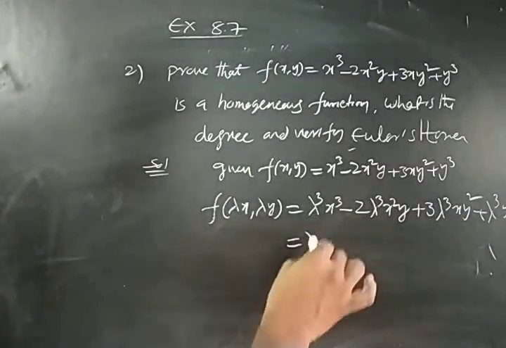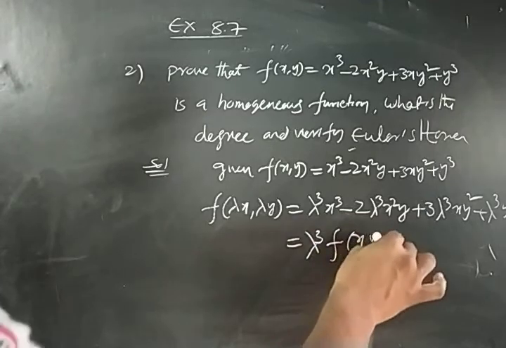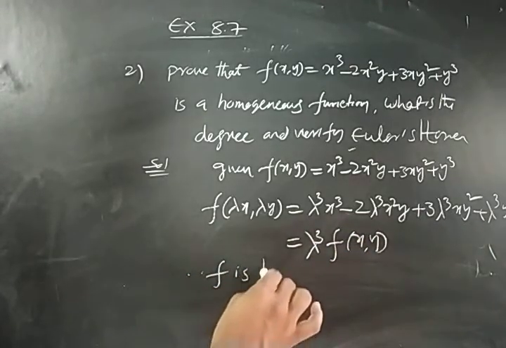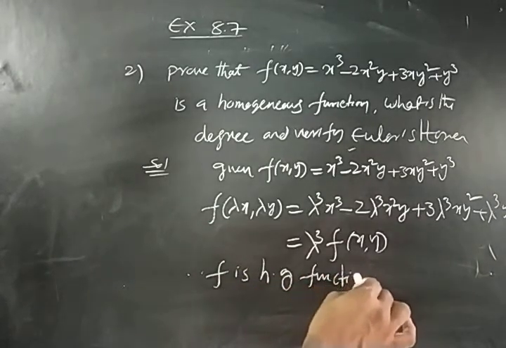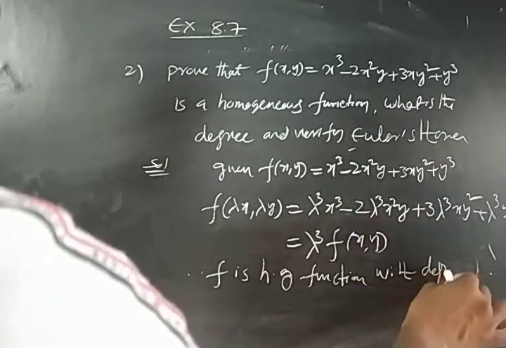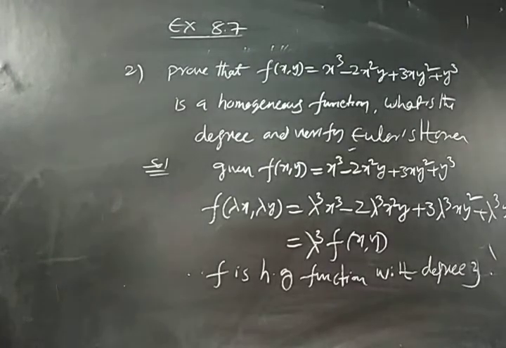So we can take lambda cube common, and you will get the same function f of x comma y. So clearly f is a homogeneous function of degree 3.